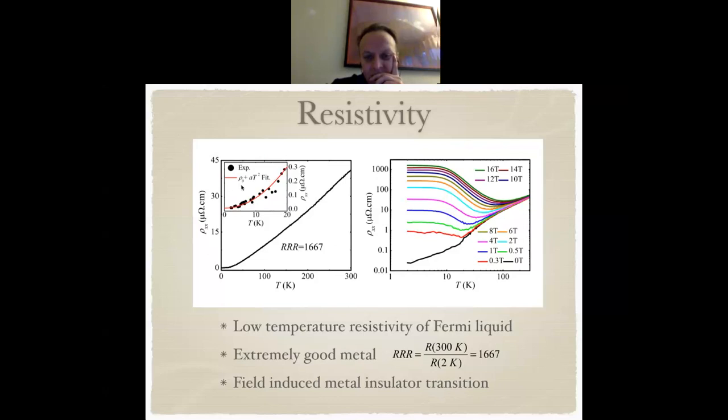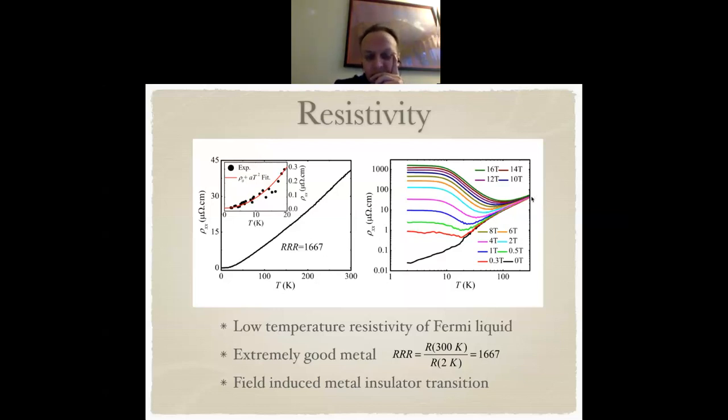I think it was like 18 nanoohm centimeters. And this RRR, which is if you take the value of the resistance at room temperature and divide it by the low temperature resistance, you get a very large number, which means it's a high quality metal, not a lot of impurities.